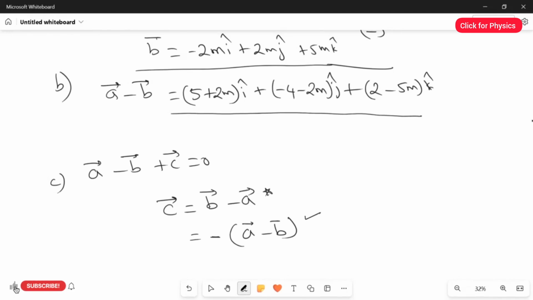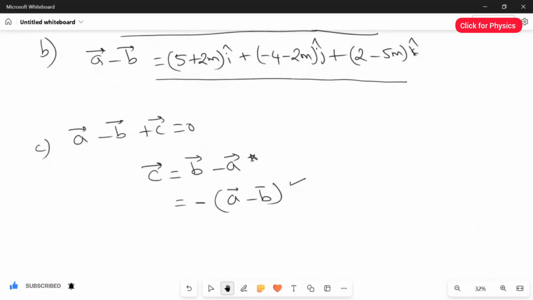Why did I make this modification? Because we already have the answer of A vector minus B vector here. Am I right? So by that, the simplification will be very easy. So I'm going to take the answer of A minus B vector and substitute this value here. So if you substitute, what will you get?